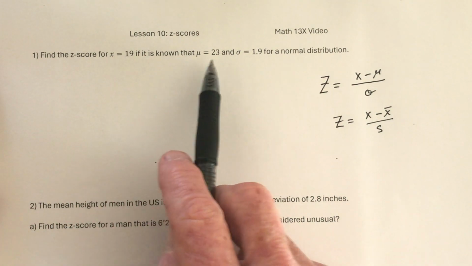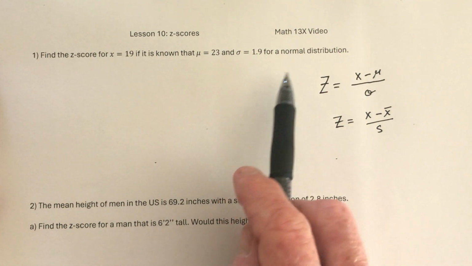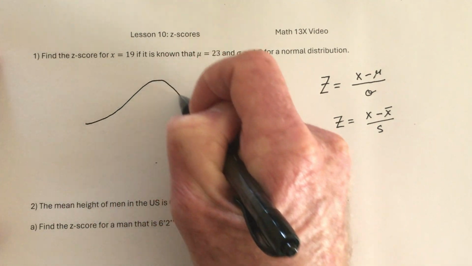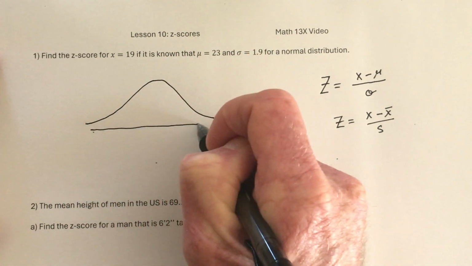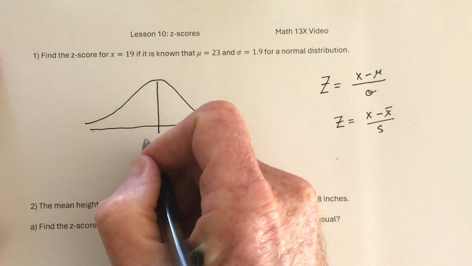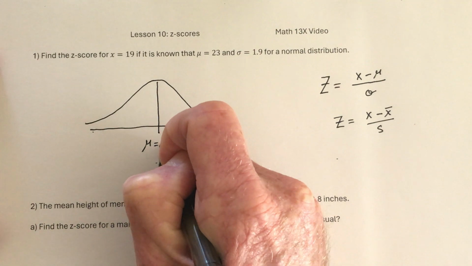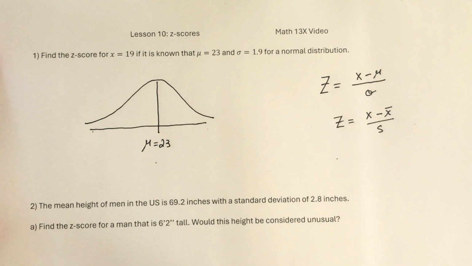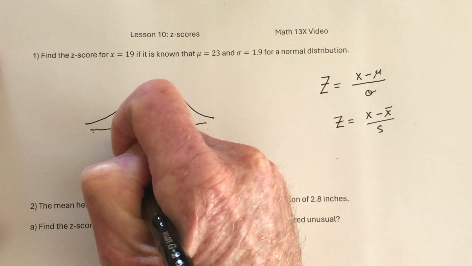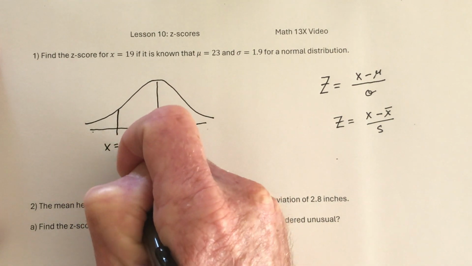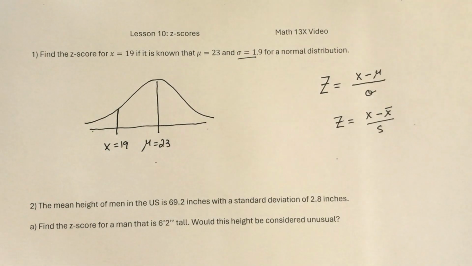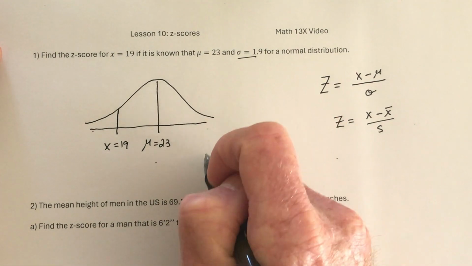So the first one doesn't have a story, but there is a normal distribution. That means there's this bell-shaped curve like this, in which case the mean goes in the middle. The mean, the average for everybody, is 23. And if a score is a 19, then 19 would be over here, x equals 19. It's given that the standard deviation is 1.9. For this, just do the z-score.